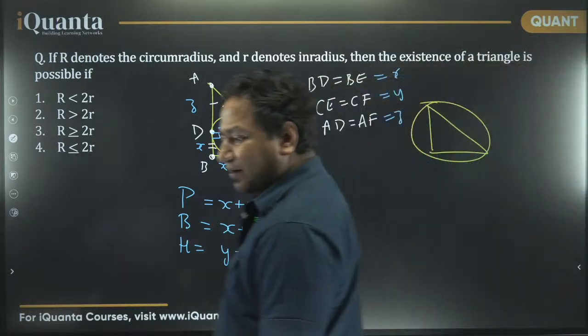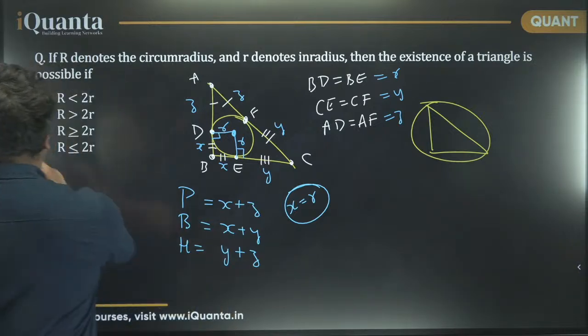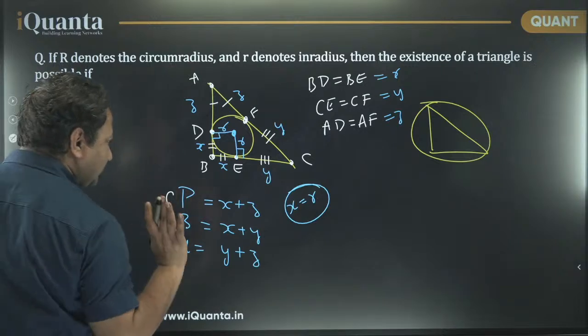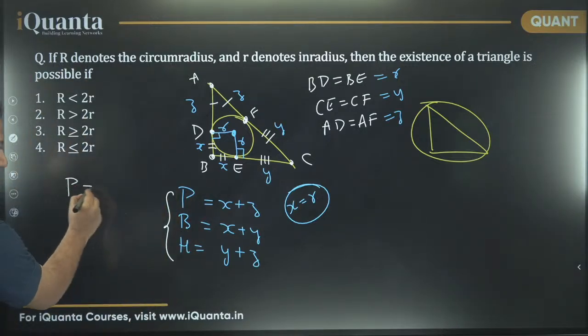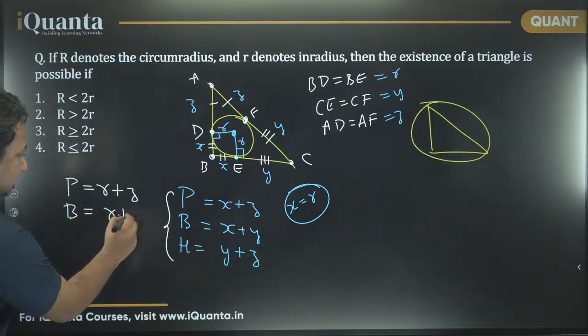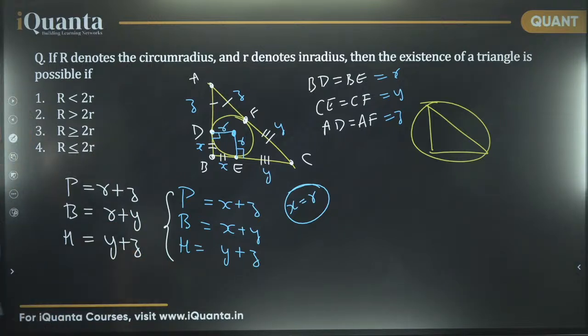Is X equal to R? That's right. So I can write perpendicular as R plus Z, base as R plus Y, and hypotenuse as Y plus Z.